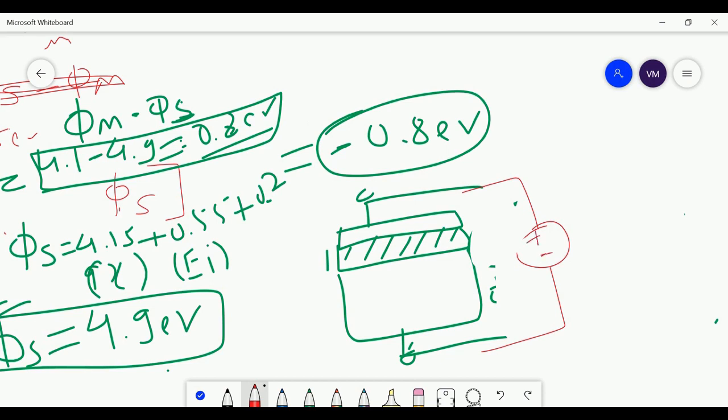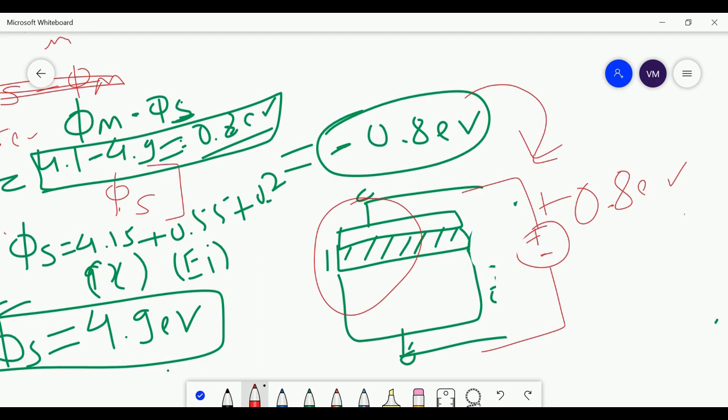A polarity opposite to this. That means positive 0.8 electron volt. Then what will happen? Because of positive 0.8 electron volt, the inbuilt potential in this MOS structure will go away.